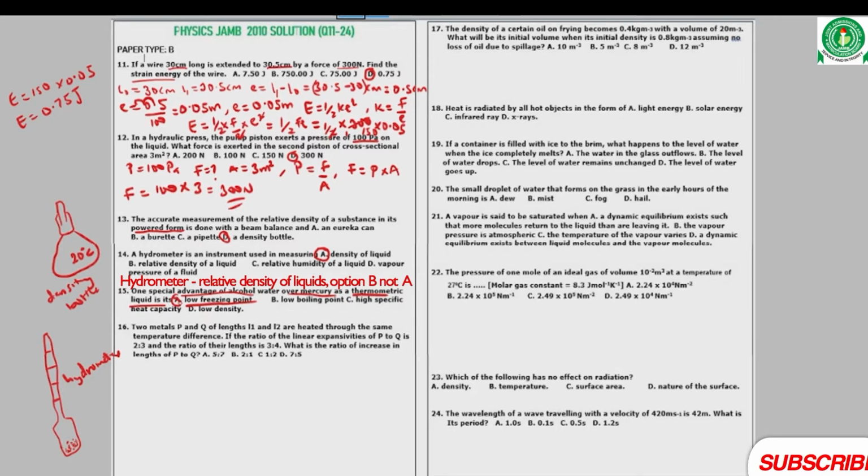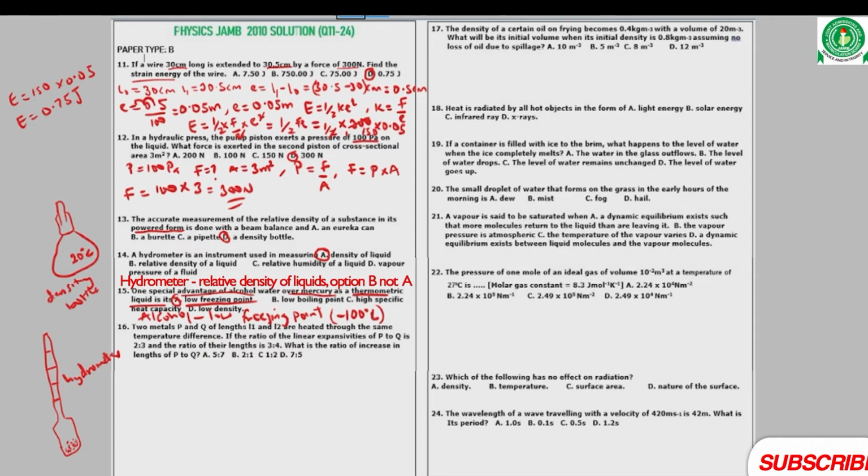So option A. When I talk about the low freezing point of alcohol, alcohol has a low freezing point below minus 100 degrees Celsius, approximately minus 170 degrees Celsius precisely.